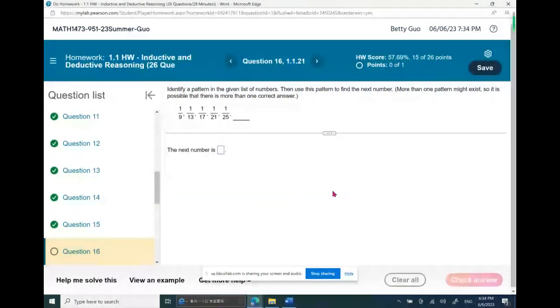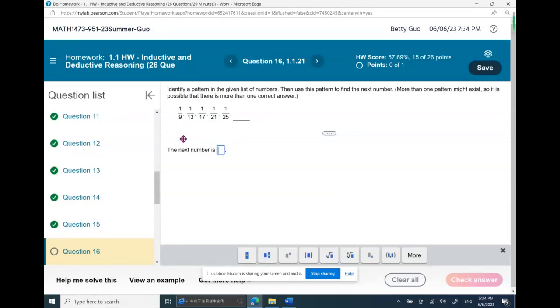Pattern again. So all the elements in the sequence are fractions with numerator 1. That's very obvious. So we focus on the denominators. 9, 13, 17, 21, 25. As you can see, it is adding, right? You add a 4 to 9, you get 13. You add a 4 to 13, you get 17. You add a 4 to 17, you get 21. You add a 4 to 21, you get 25.